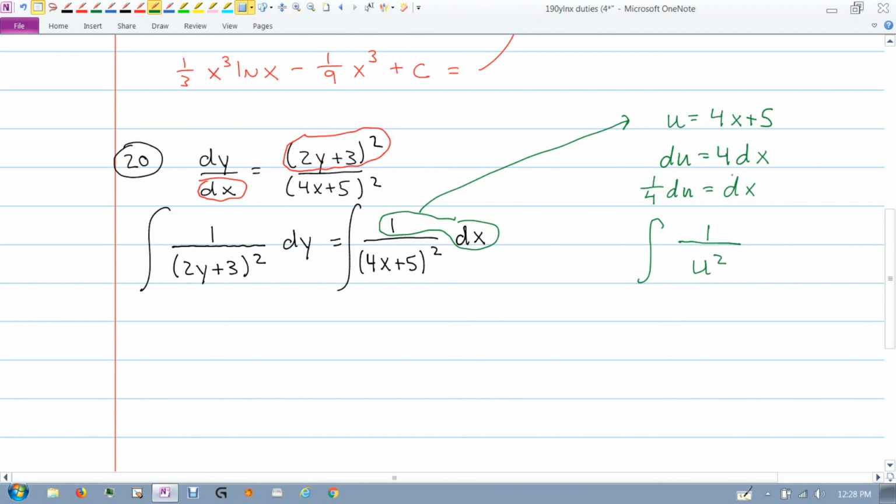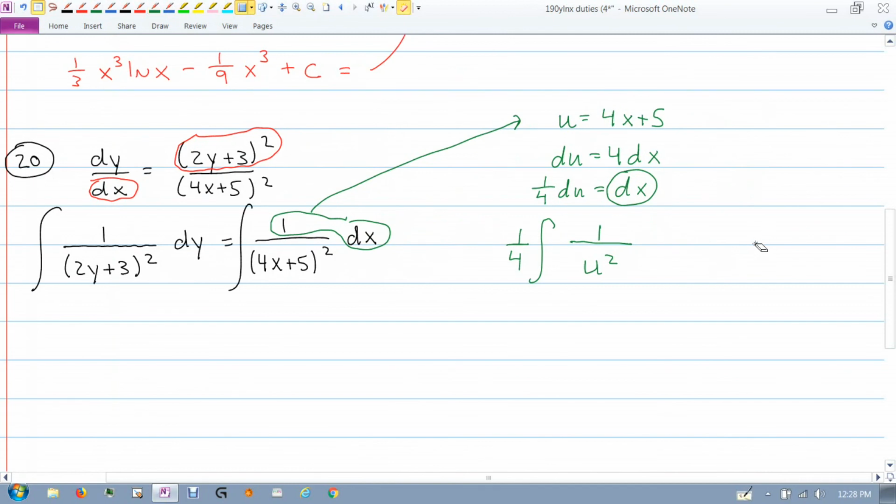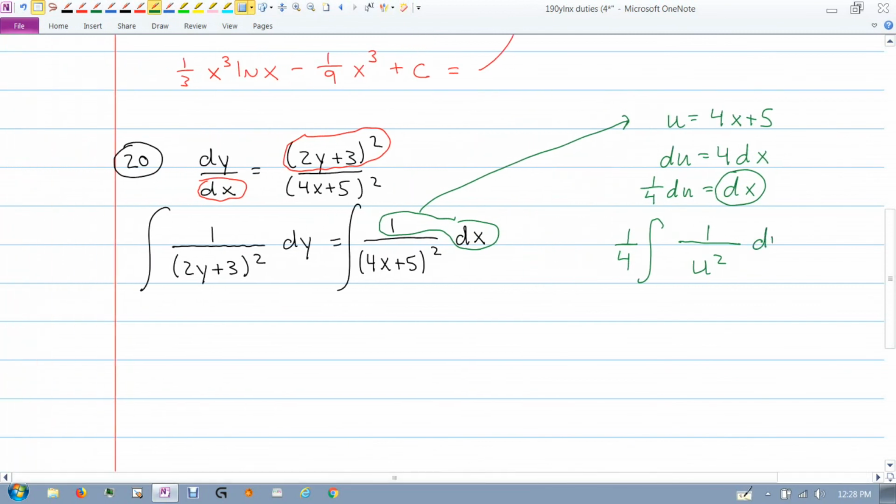And the dx gets replaced with 1/4 du, which I'll bring out. Then this inside here is really just u to the negative 2, so the antiderivative of that is negative 1 u to the negative 1 plus a constant, which is really just negative 1 over 4u.